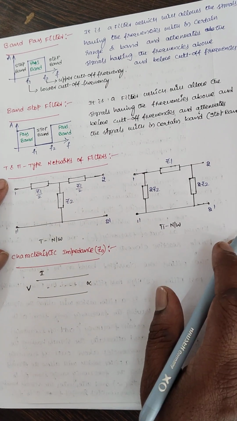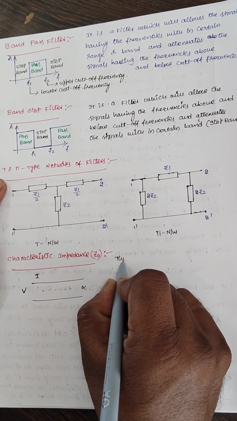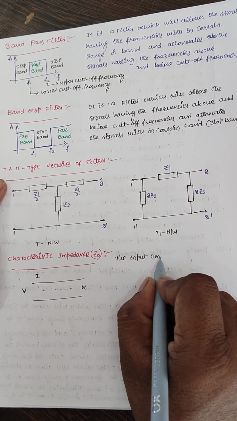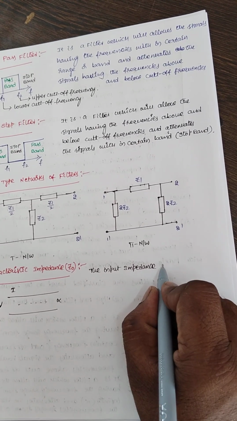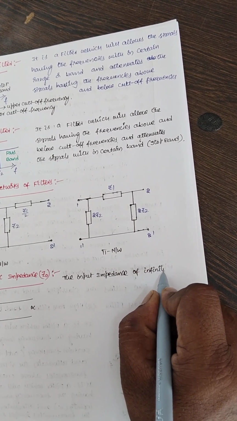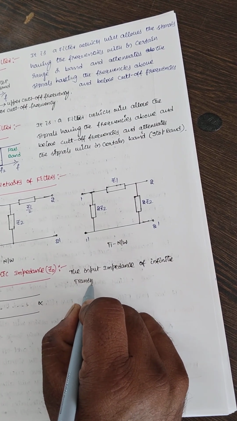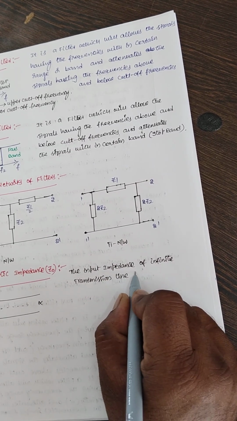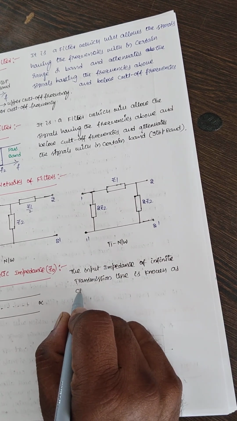So let me define it. The input impedance of an infinite transmission line is known as characteristic impedance.